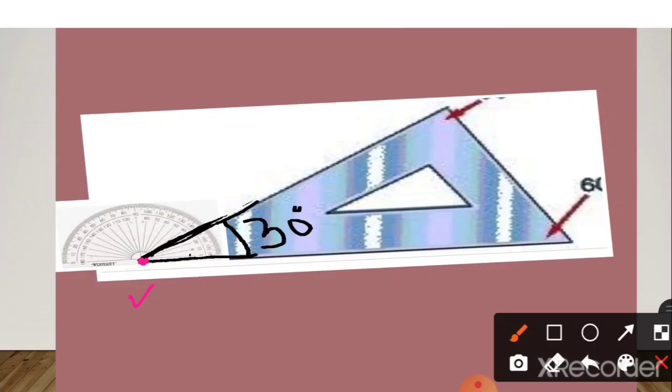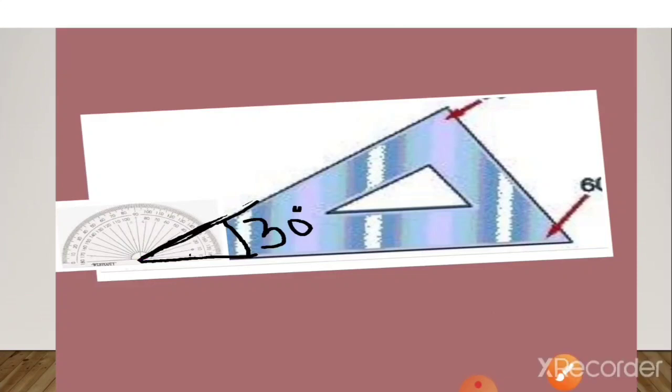One thing is important: you have to put the vertex of the angle which you need to measure on the midpoint of the protractor, and the baseline should coincide with one arm of the angle, right? You can check in the picture, I have put my protractor like this. So we have measured, and this angle is 30 degrees. So on the first set square, one angle is 30 degrees, right? You can check on your own.